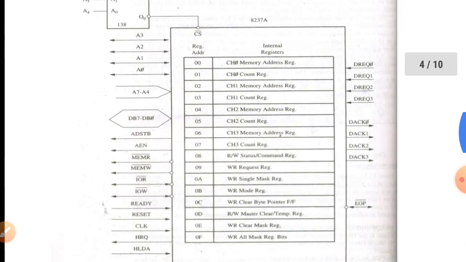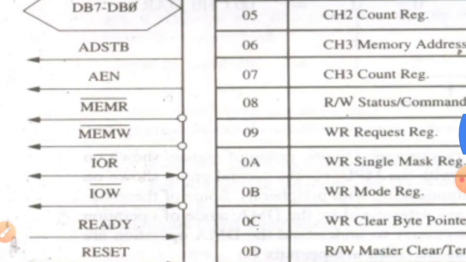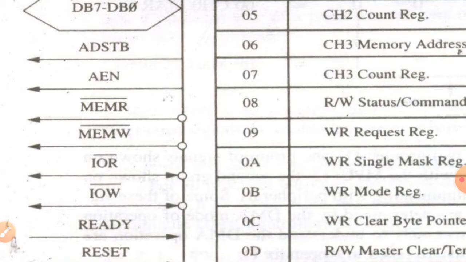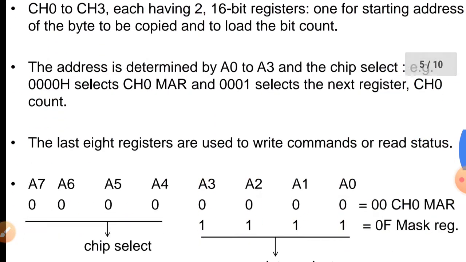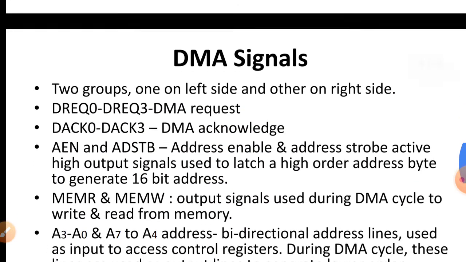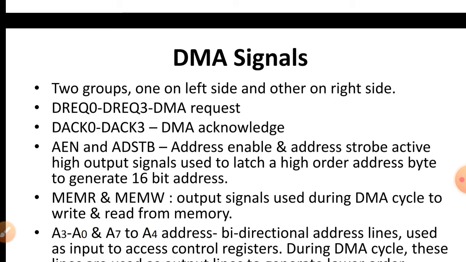You can see the position of these two signals: this is the AEN signal and there is ADSTB. The purpose of these signals is to latch the higher order bytes to generate the 16-bit address.